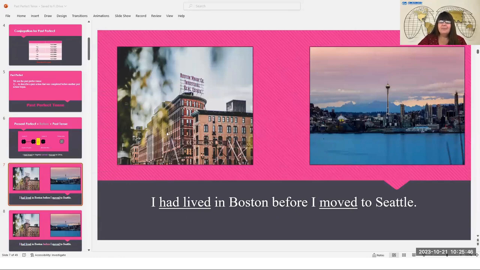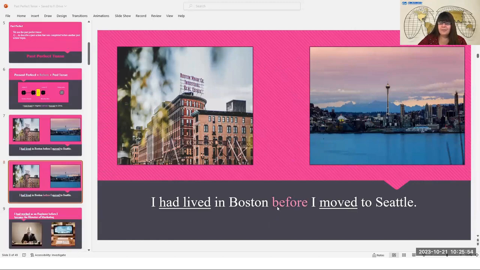I had lived in Boston before I moved to Seattle. So again, we have this idea of before. This action happened first, it finished, and then this is the next action. I had lived in Boston before I moved to Seattle.